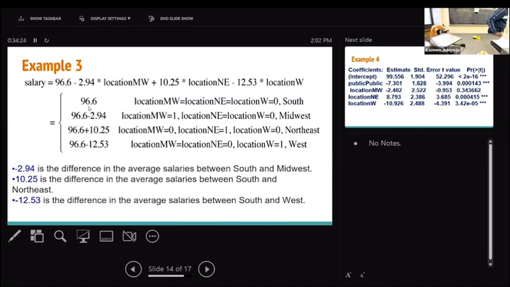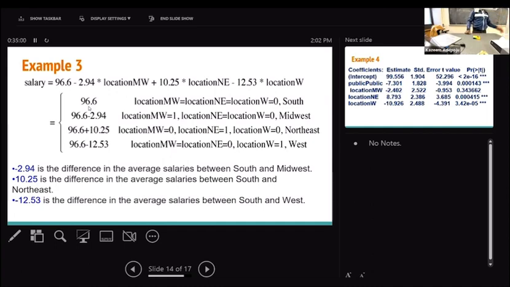When you take a look at the Midwest, the coefficient was negative 2.94. The negative 2.94 was a difference, the difference between the South that you reference and that region. If I really want to know the mean for that region, what am I going to do? I will take the intercept, then I will consider the negative 2.94. 96.6 minus 2.94 will give us the average salary for that particular region. Any question?